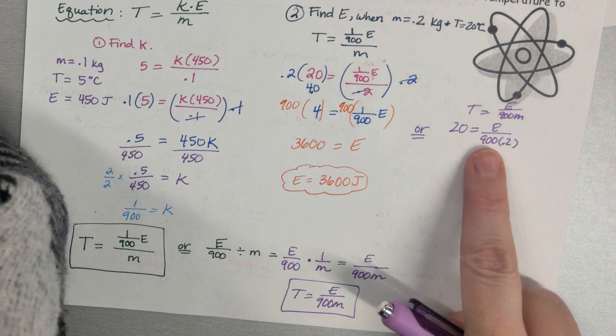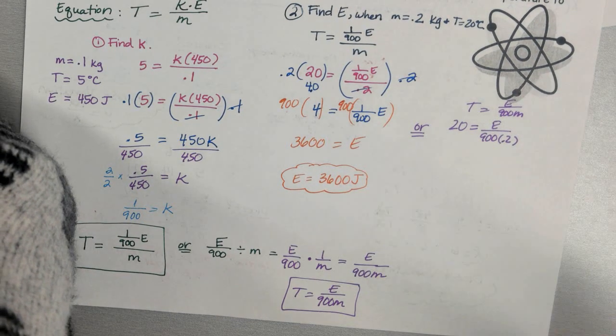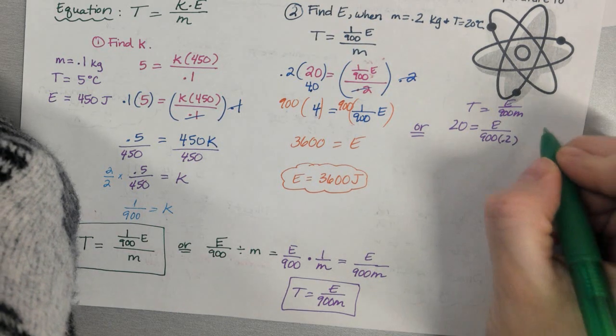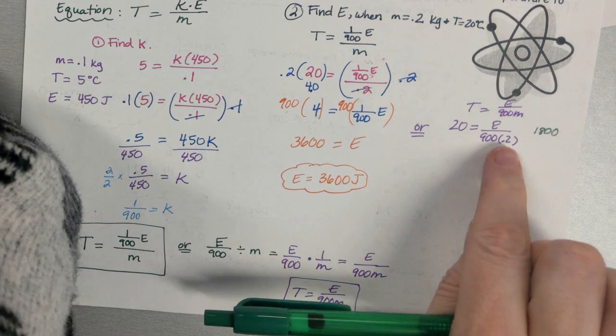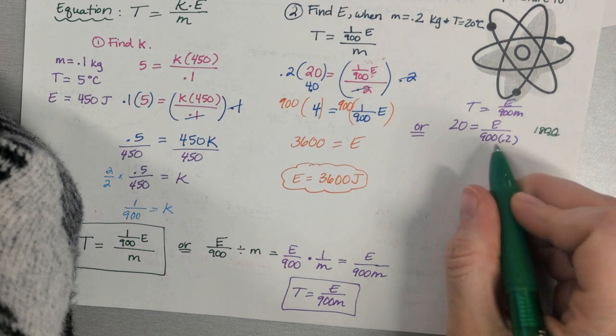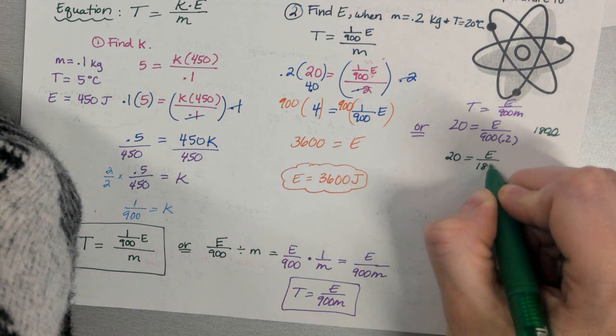So again, what I would do is 900 times 2. So if you double 900, what do you get? 1,800. And then because you have one place, you move it back one place. So it would be 180. So it'd be 20 equals e over 180.